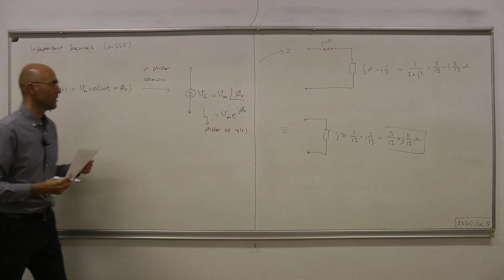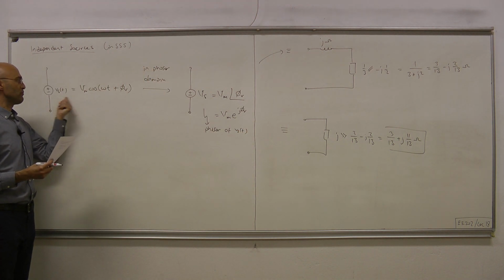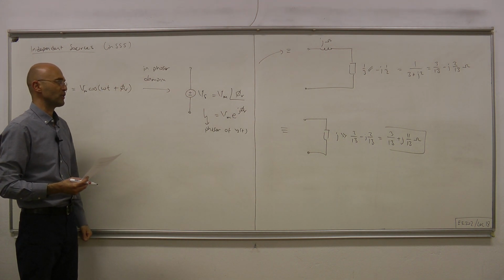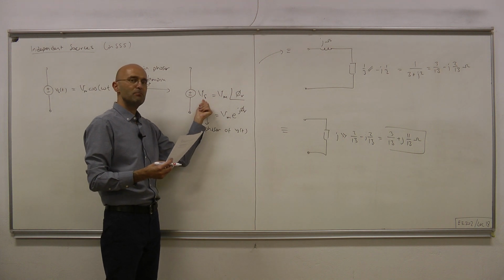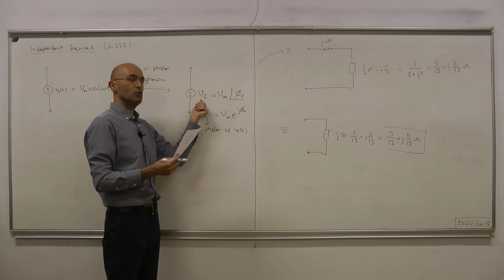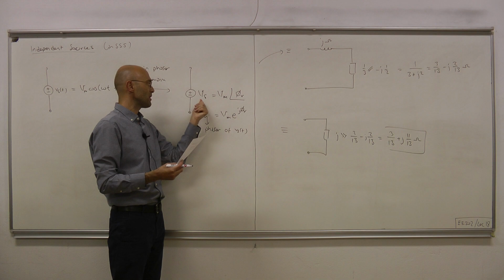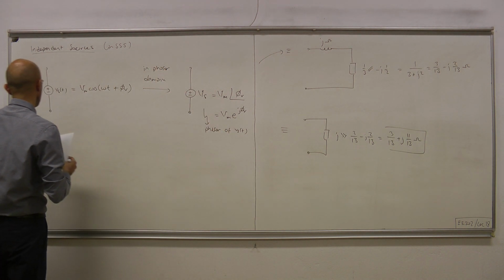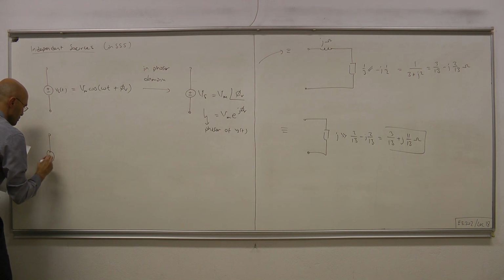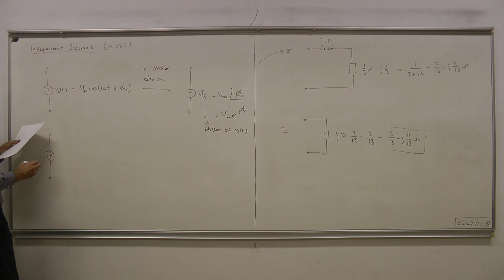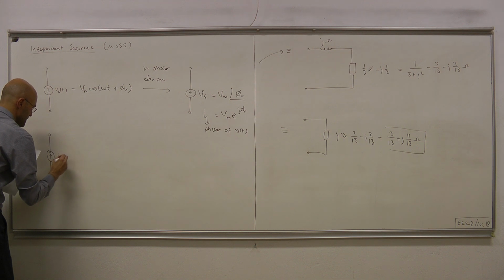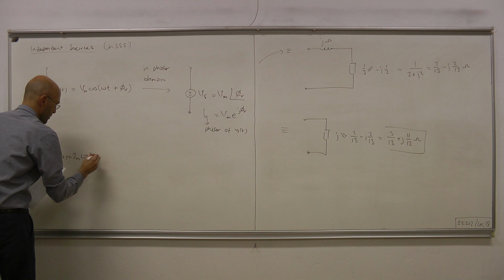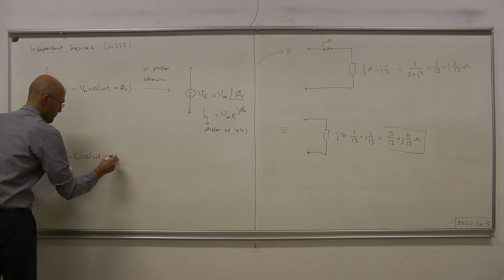In time domain, Vs of t is a sinusoidal function, therefore its value changes with respect to time, but in phasor domain, it behaves like a DC source. Its value is fixed at some complex number, which we call the phasor of Vs of t. And same goes for the current source. Is of t equals some magnitude cosine omega t plus some phase.